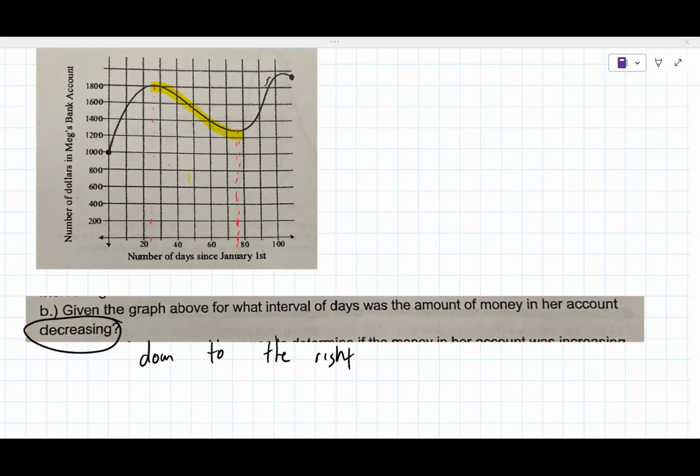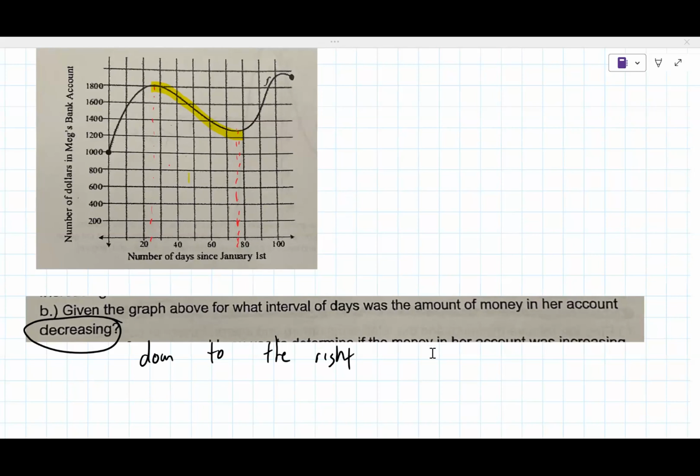It's asking you for the x values. Get the x values for that. It's 67 and 23.